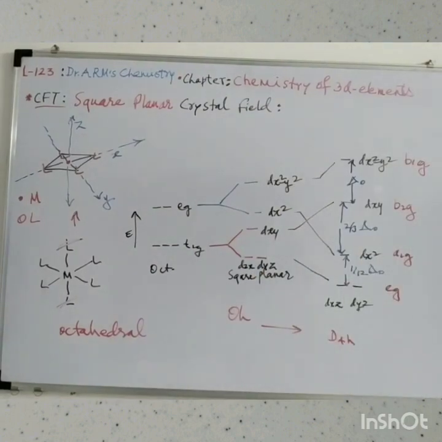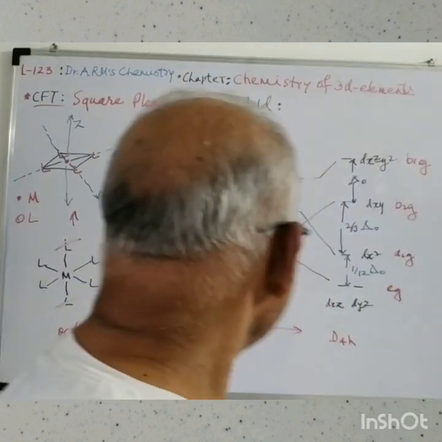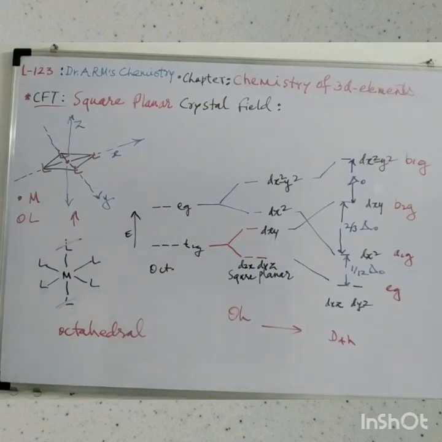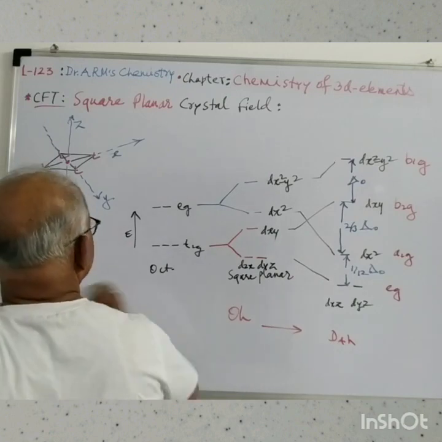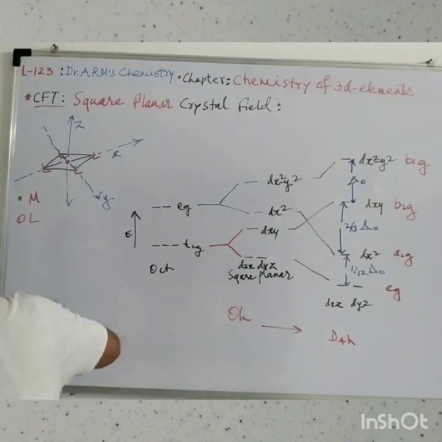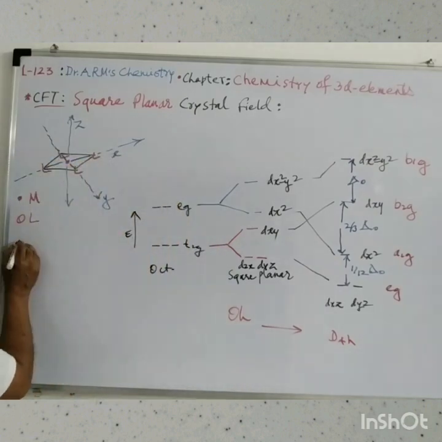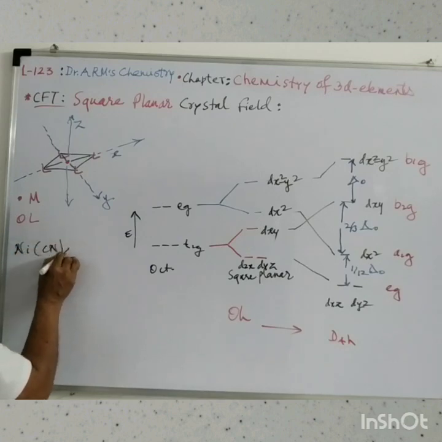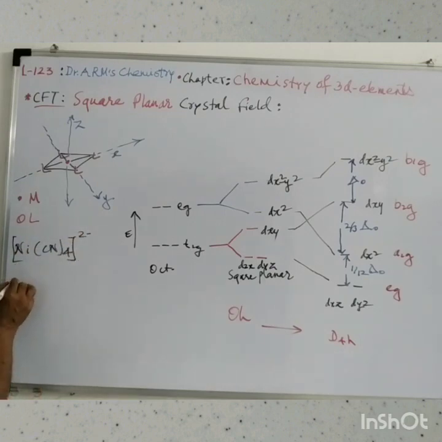Now we will see an example by which we can explain various properties of such structures. For example, if we take the complex Ni(CN)4 2 minus, this is d8 configuration.